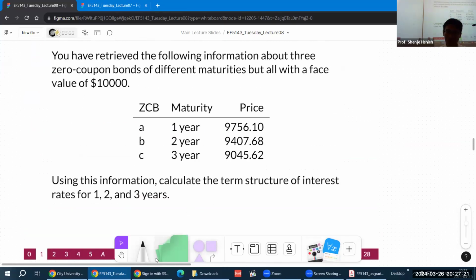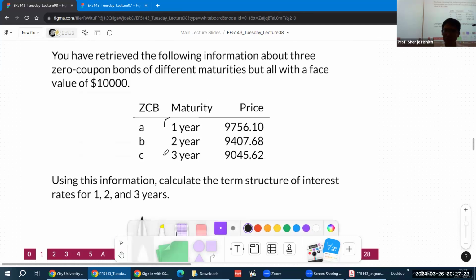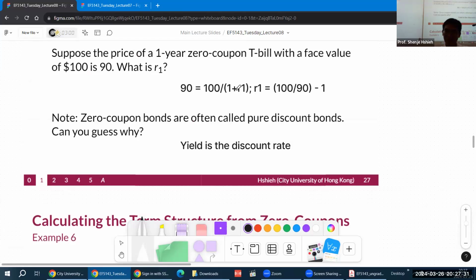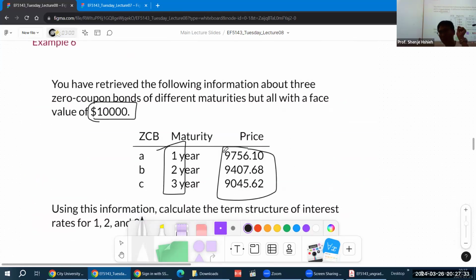Here I give you the price. I have maturity 1, 2, 3, the price, and the par value of $10,000. Do the same thing here to back out R1, R2, R3, because it's just one final bullet payment at the end of maturity. So it's very simple to back it out.